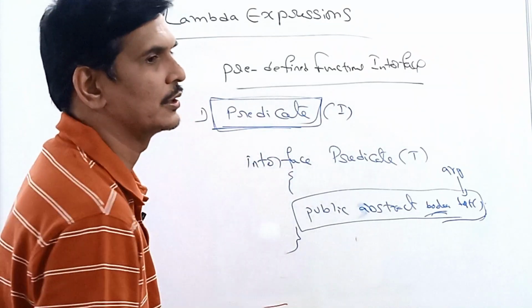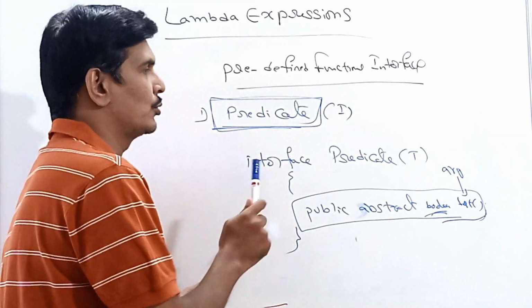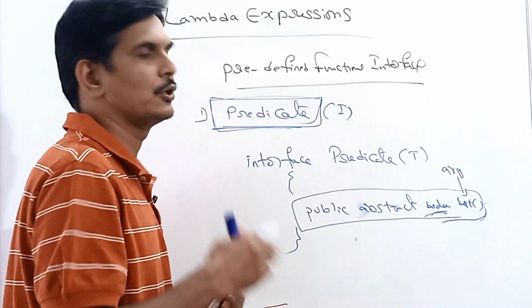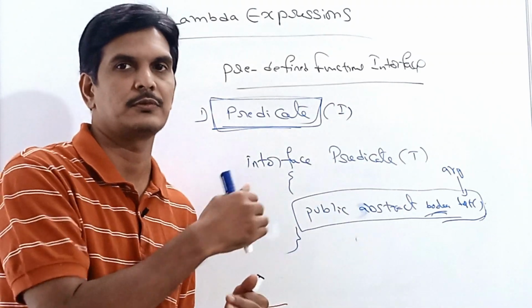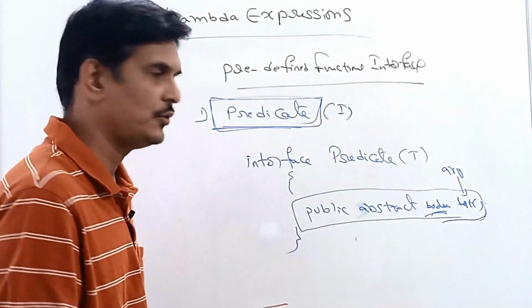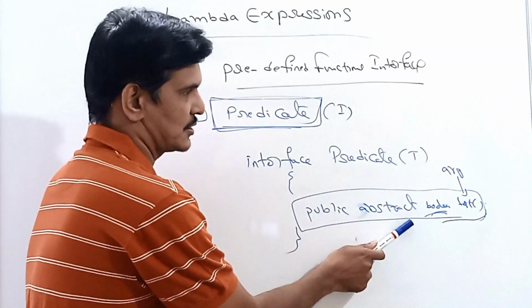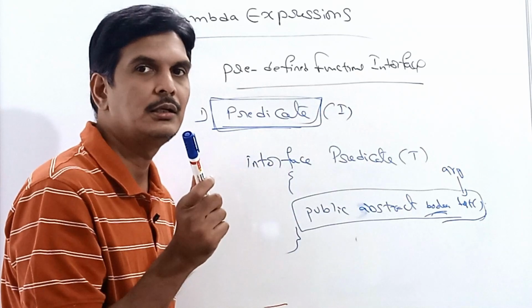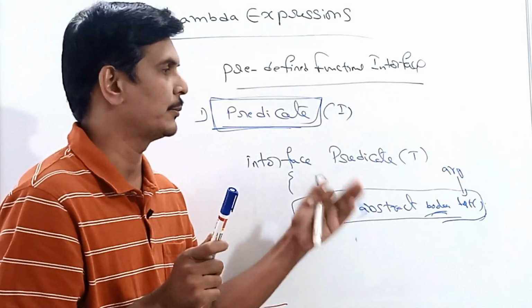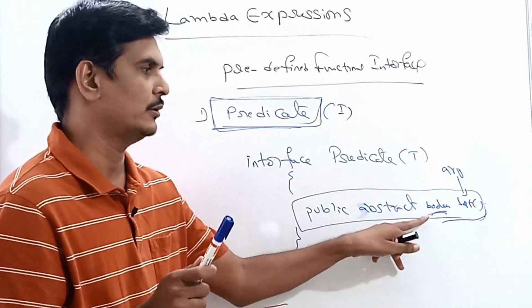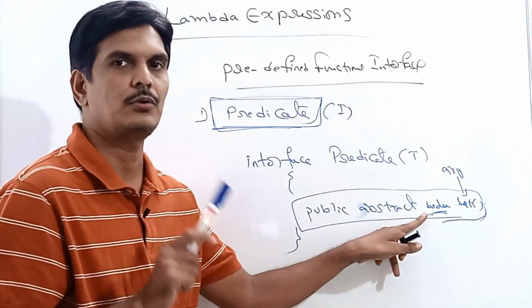We have to go for this interface whenever you have conditional checks in your program. Normally we use if else conditions when you do some validations, and in those cases you can prefer to use predicate. So remember, the test method always takes one argument. It can be any type of argument, integer, float, or any object, and it returns a boolean value, either true or false.